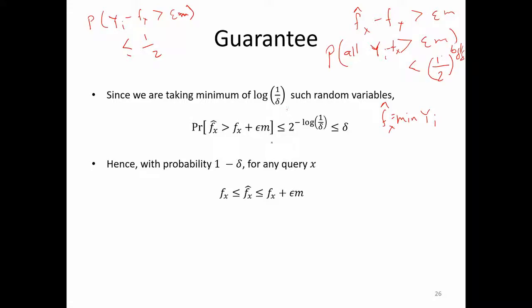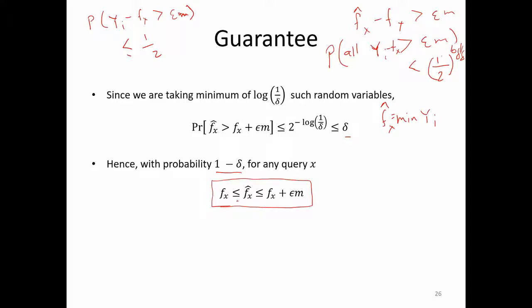So this is 1 by 2 to the power log 1 by delta, or 2 to the power minus log 1 by delta, which is less than or equal to delta. So we have shown that with probability 1 minus delta, we can answer the query within this bound.